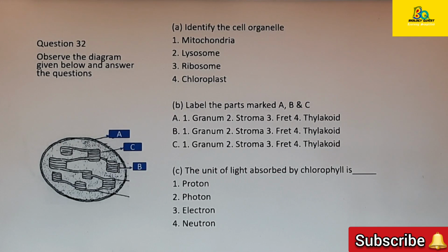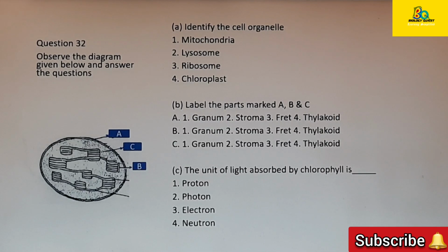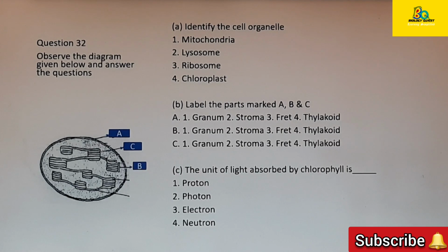Okay, so A is stroma. C is thylakoid. And B is granum. One flattened sac is labeled in C and the entire stack is marked in B. So A is stroma, B is granum and C is thylakoid.